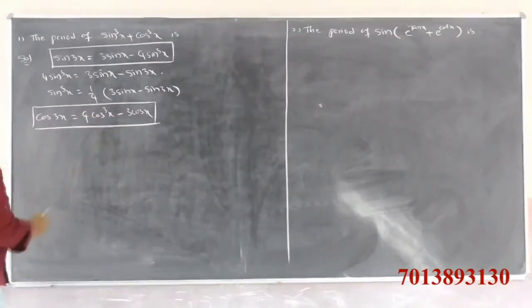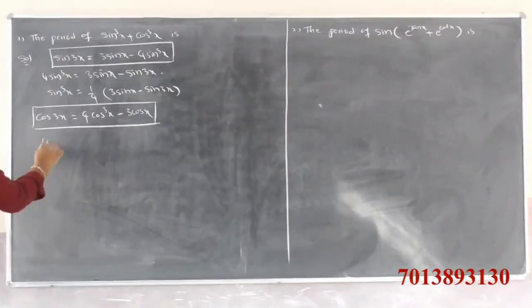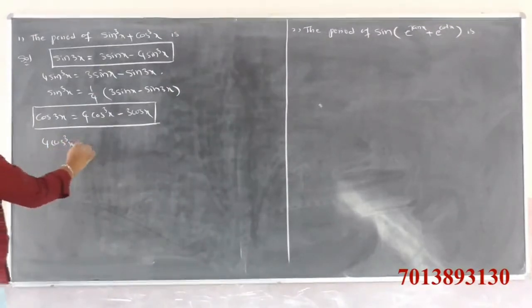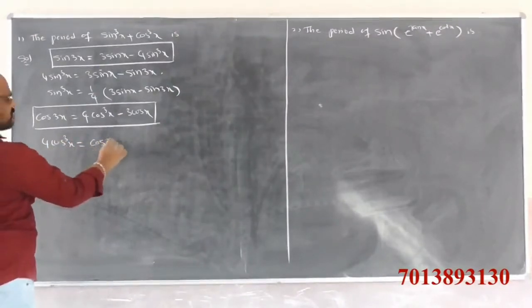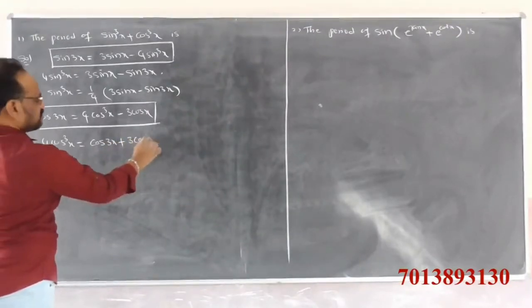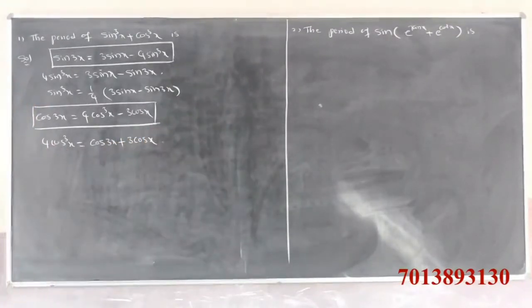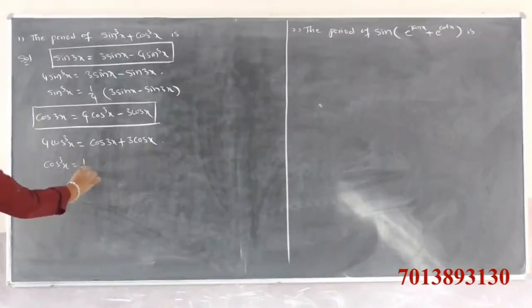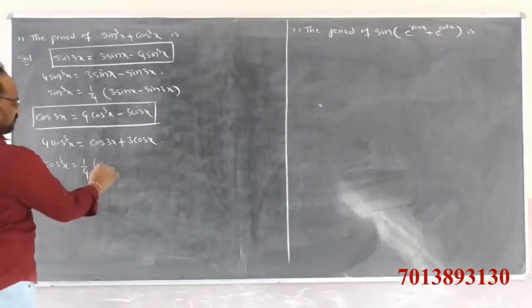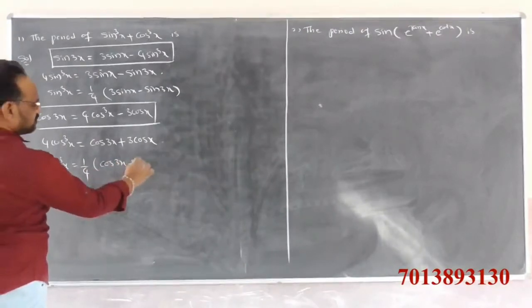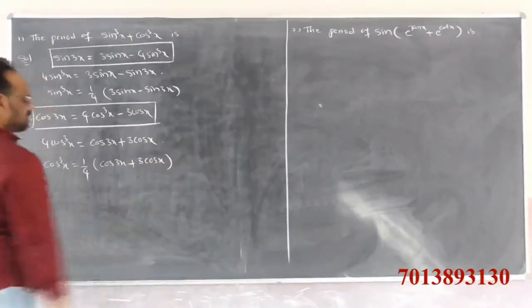If you transpose this, we get 4 cos cube x is equal to cos 3x plus 3 cos x. So cos cube x is equal to 1 by 4 times of cos 3x plus 3 cos x.